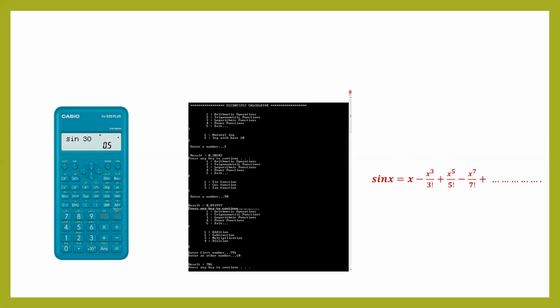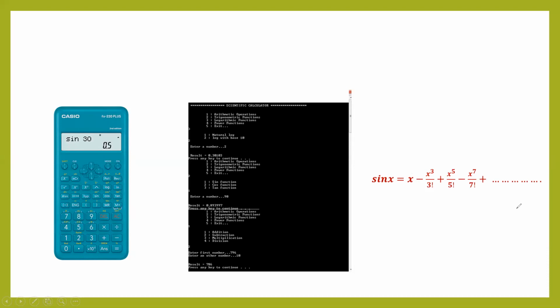Sin x is equal to x minus x cube upon 3 factorial plus x raised to 5 upon 5 factorial minus x raised to 7 upon 7 factorial and so on, right? So when we give any input x, the calculator calculates the corresponding value by using this formula, right?